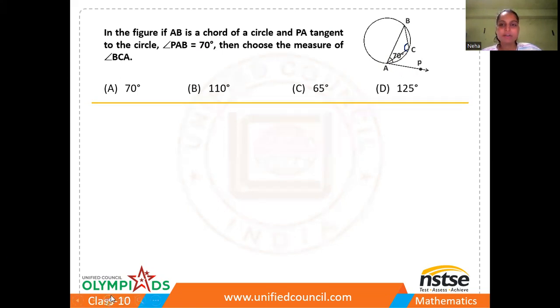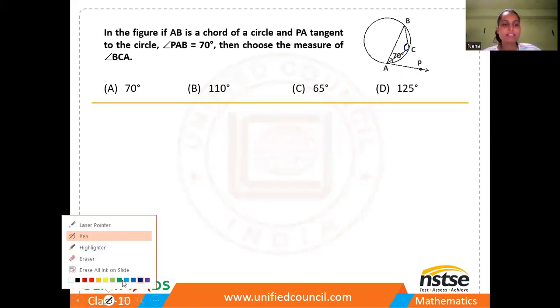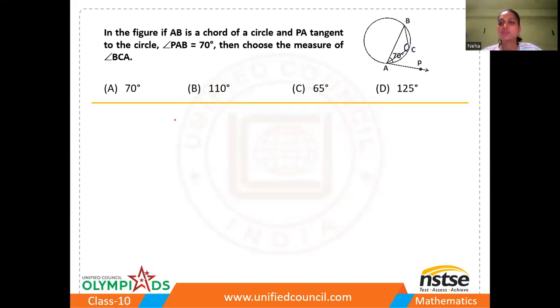Alright, so when you have so many angles, the question becomes quite tricky. As we know, students, a tangent is always perpendicular to the radius. Clear? So here we can say that angle OAB plus angle BAP is equal to 90.